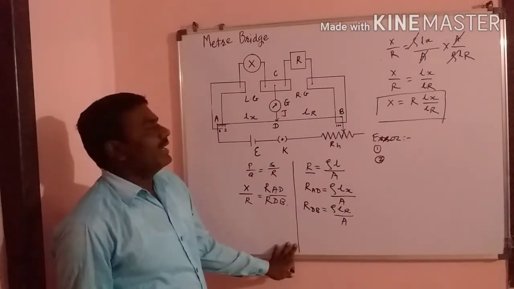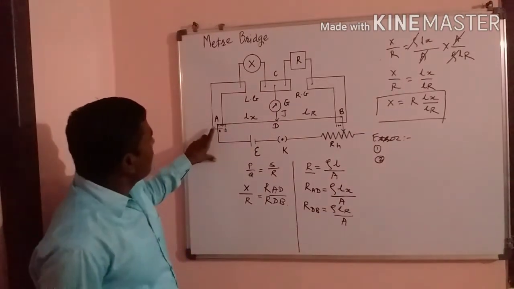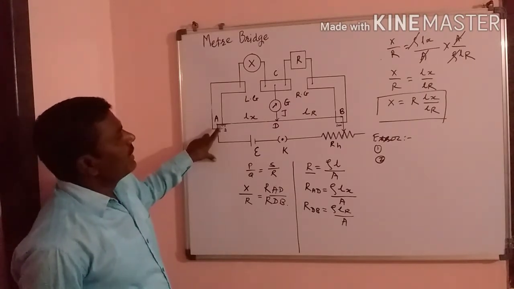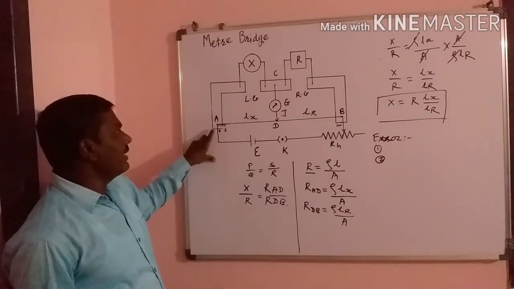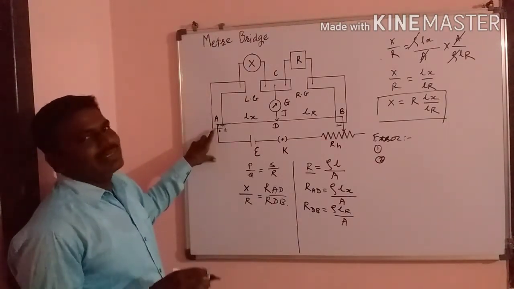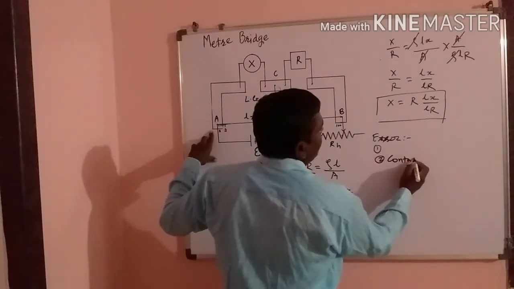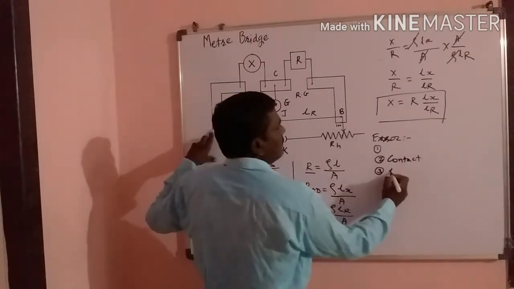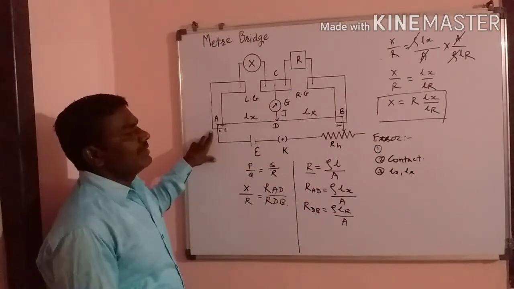The second error is that the uniform wire between A and B is in contact with the metal strips, and a contact resistance is developed which is not taken into account. The third error is that the values of Lx and Lr may not be measured accurately. These are the three errors.